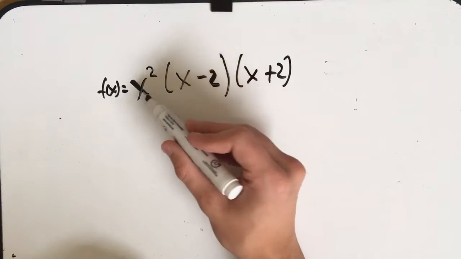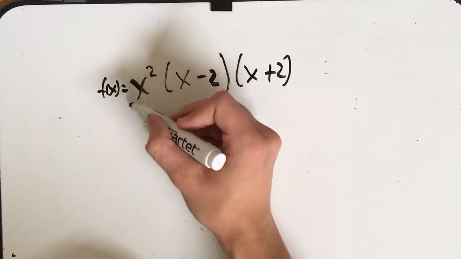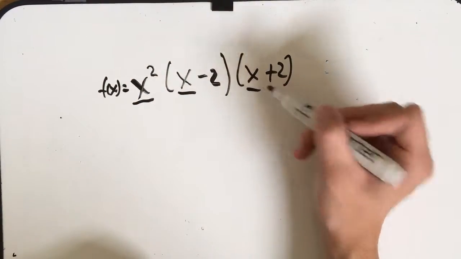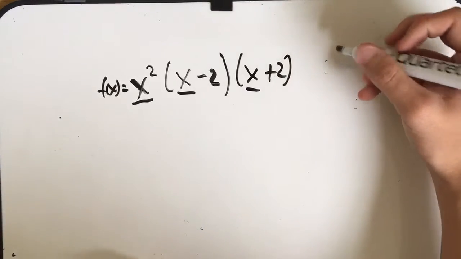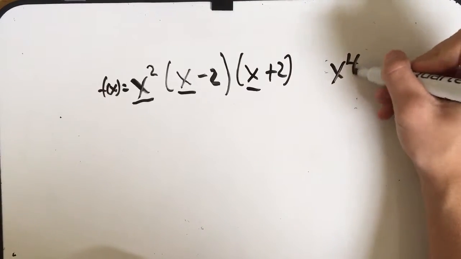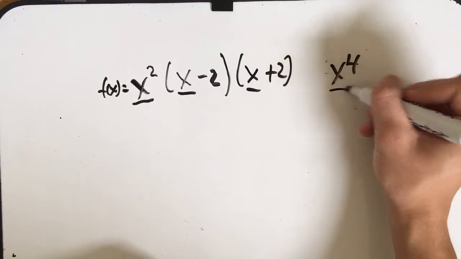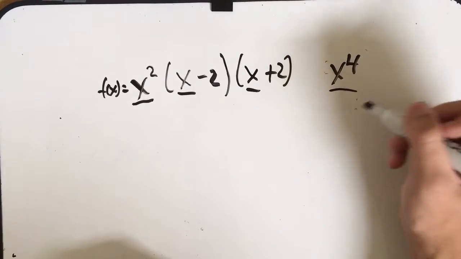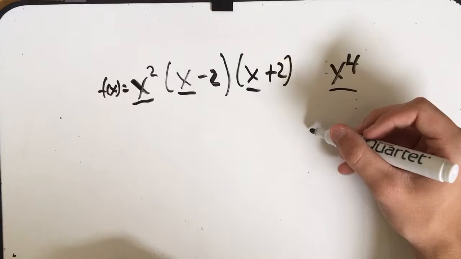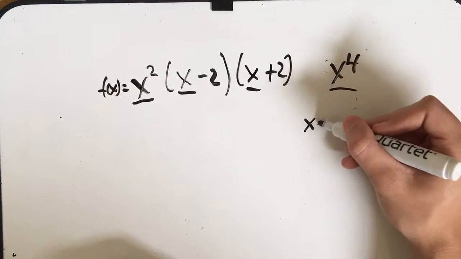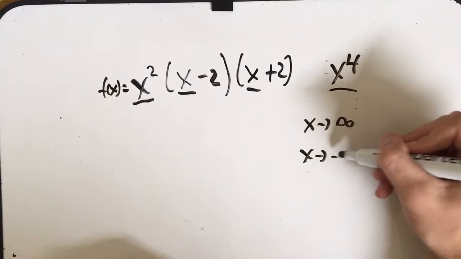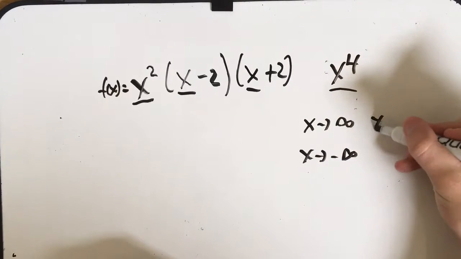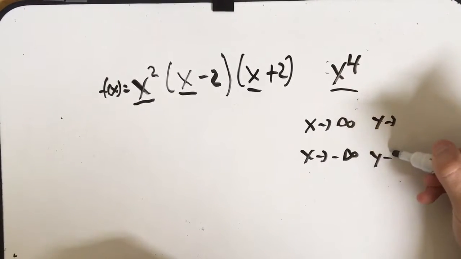If you need to find the end behaviors, you can look at this one and this one, basically multiply all of the x's together, and that'll be x to the 4th, and that's how you're going to determine your end behavior. So as x goes to infinity and as x goes to negative infinity, y is going to be, and y is going to be.